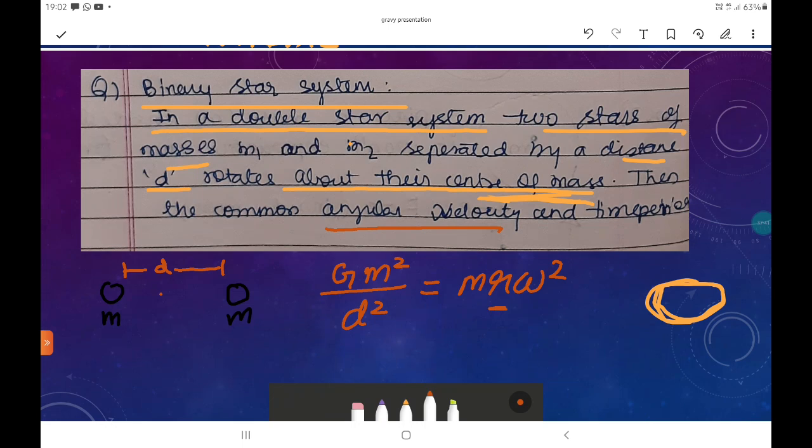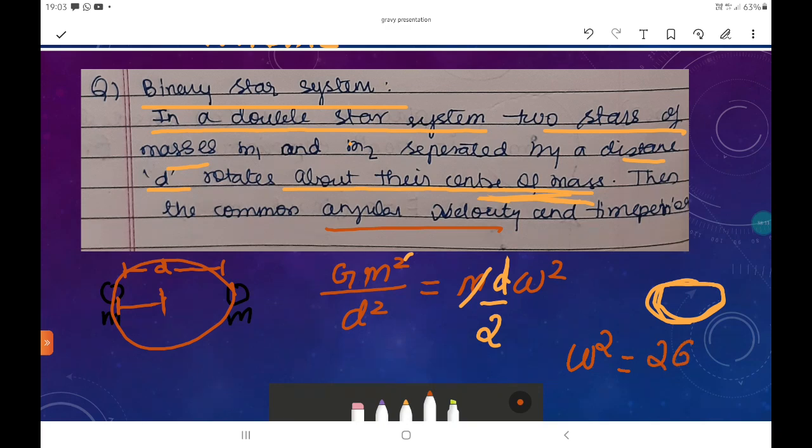It should be d by 2, because r is the radius; if this is a circle, it will be d by 2. When you solve that, the mass gets cancelled and you will get omega square is equal to 2Gm upon d cube.